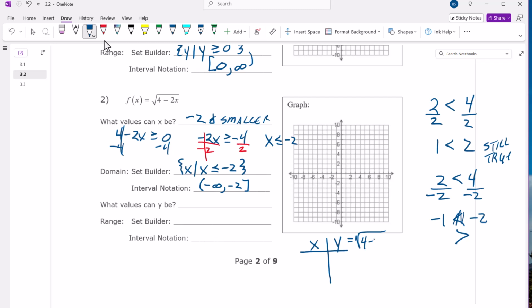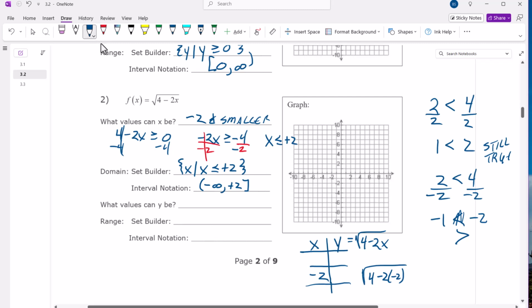And what I'm going to do is let's start with the -2 and just kind of work our way through that. So if I plug in -2, I would have square root of 4 minus 2 times -2. Like that, and I think I made a mistake here on this. That should be a +2 right there. Yeah, and I just caught my mistake by doing this.